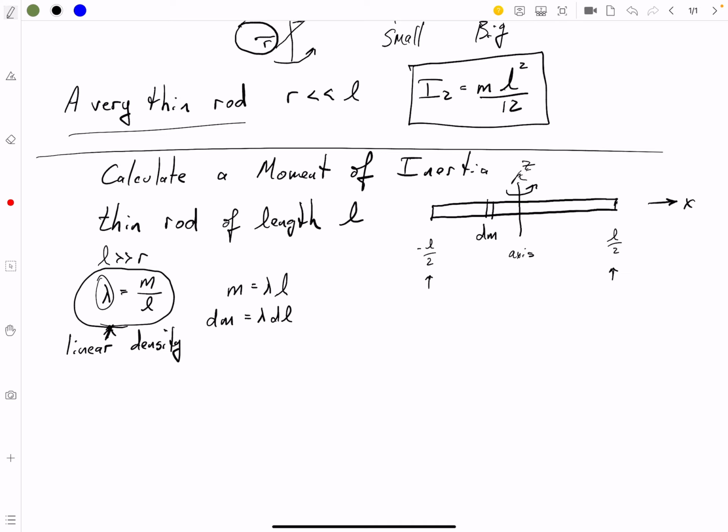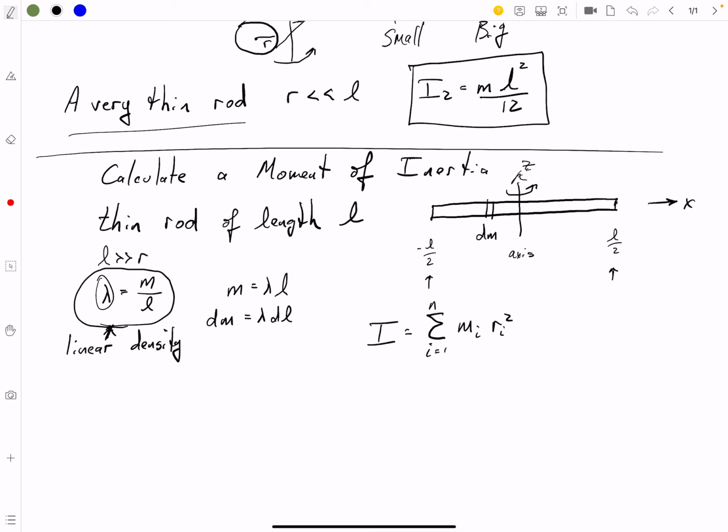Now I is equal to that sum that we talked about earlier, right? There's this sum where we're doing mi times r squared, and we're summing it up from i equals 1 to n, remember?